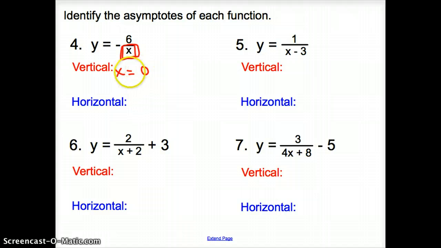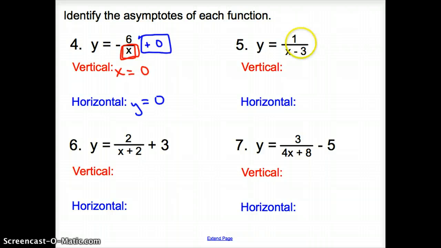If it was an excluded value, x would not equal 0. Now the horizontal asymptote is whatever is added or subtracted to it. Is there anything added or subtracted here? No, there isn't, so the horizontal one is going to be y equals 0 as well, because we're adding nothing to it. It's just like we're adding 0 to it.